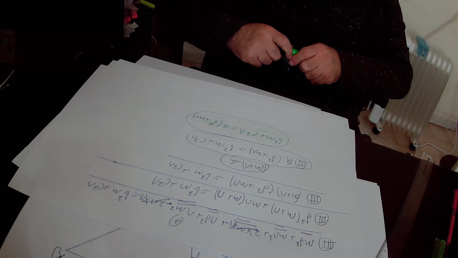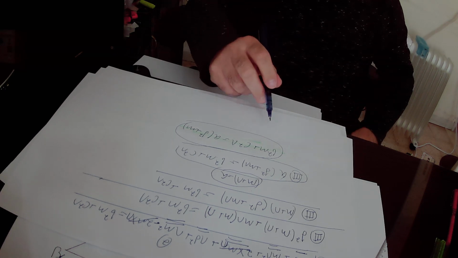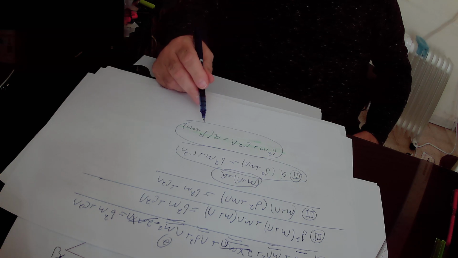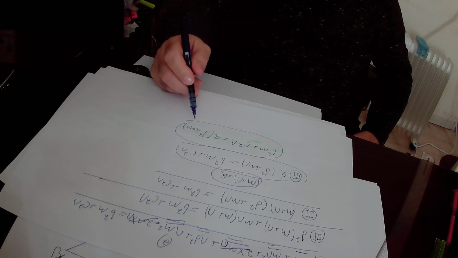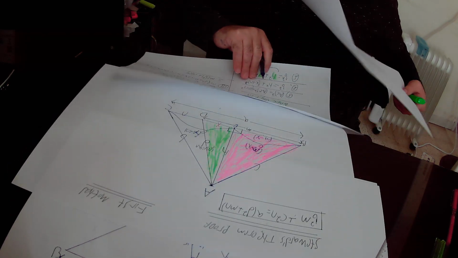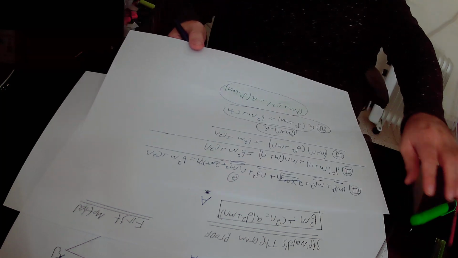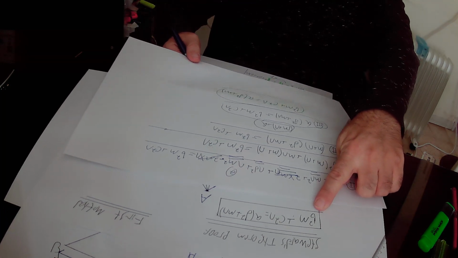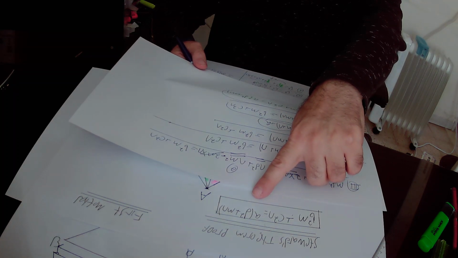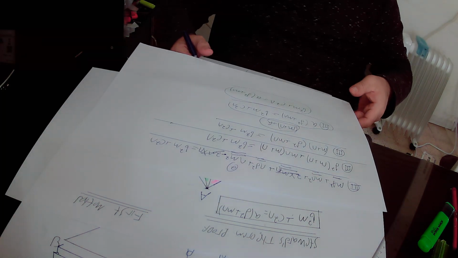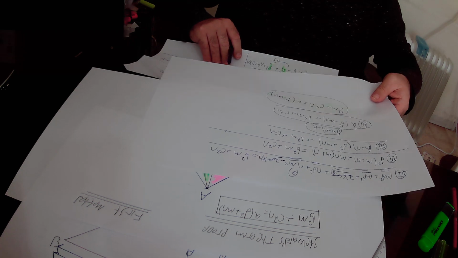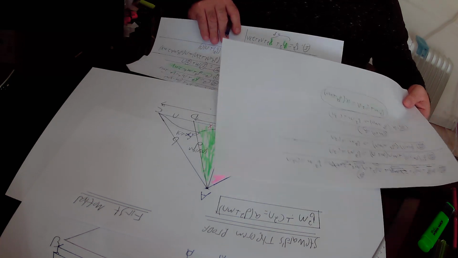Because according to Stewart's theorem, in any triangle, b squared m plus c squared n equals a times d squared plus m times n, exactly like this equation. We succeeded in proving Stewart's theorem according to the first method.